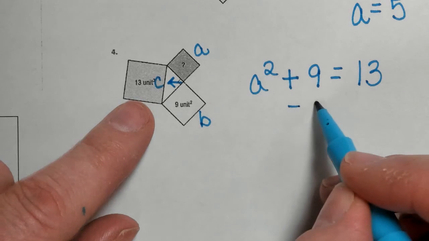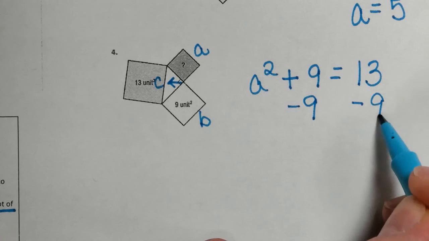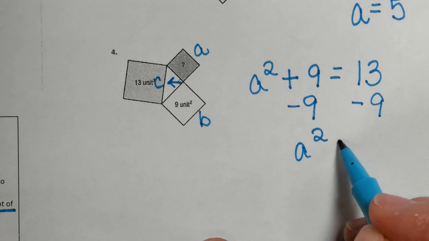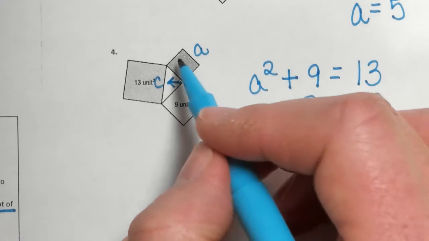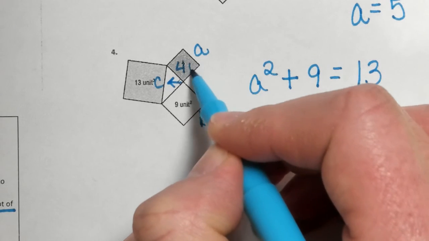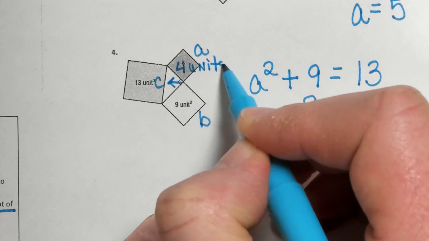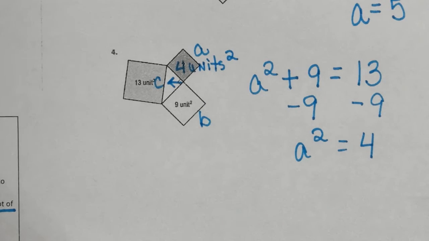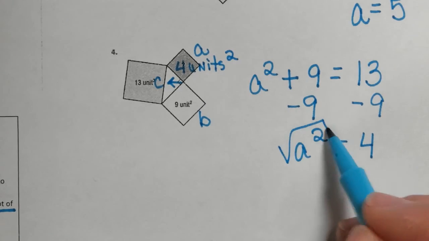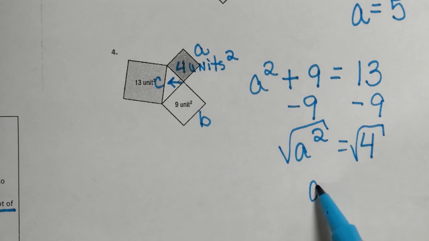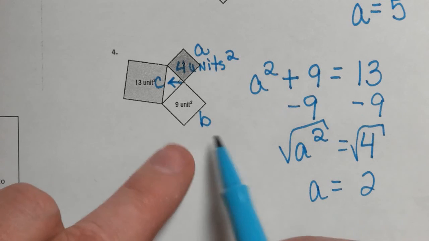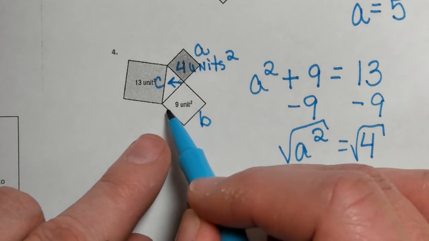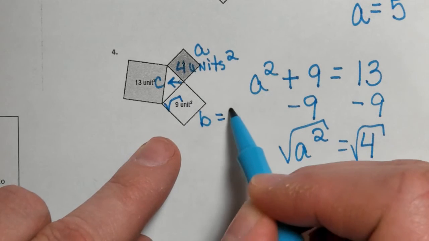To solve for A, we're going to subtract 9. A squared equals 4. So the area of square A is 4 square units. If I want to find the side length, I then take the square root. So A equals 2. The side length of B, the square root of 9, that's easy, that's 3.